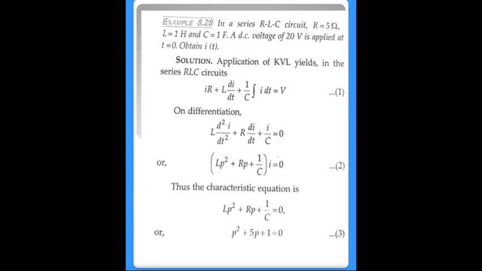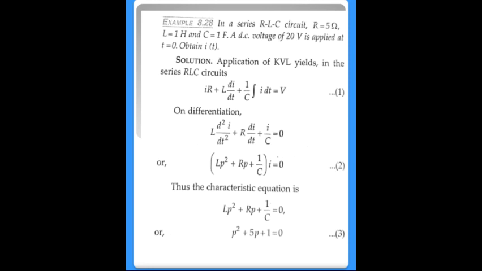After differentiating, L d square I upon dt square plus R dI upon dt plus I upon C is equal to 0. Or L P square plus R P plus 1 upon C is equal to 0. Thus the characteristic equation becomes P square plus 5P plus 1 is equal to 0.